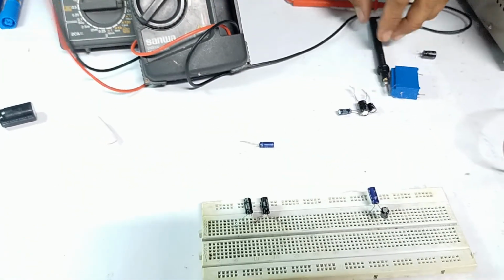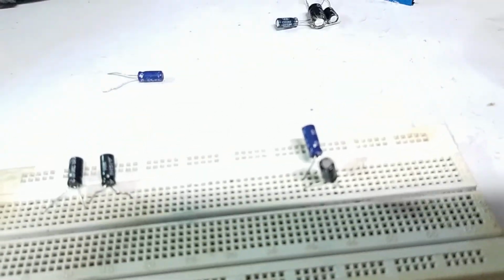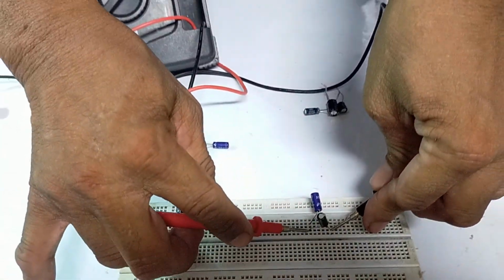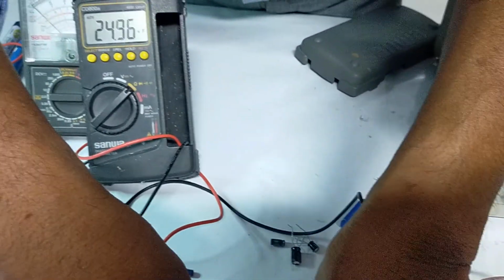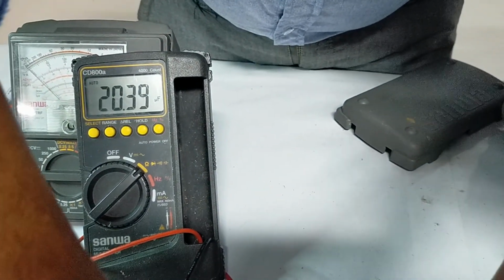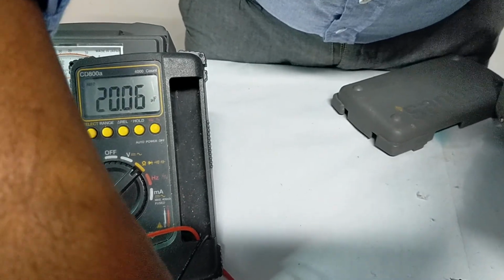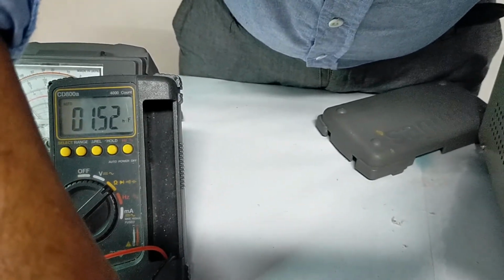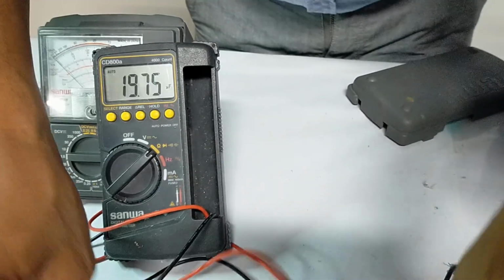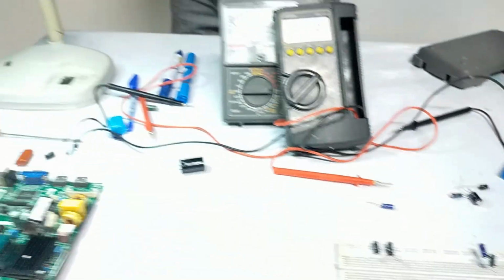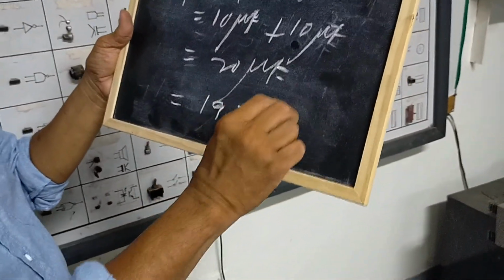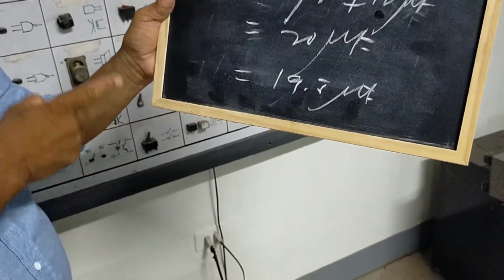But when we measure the total capacitance wherein the two capacitors are connected across each other, the capacitance is increased. It is 19.75 microfarad. So, that is about 19.5 microfarad. So it is verified true.